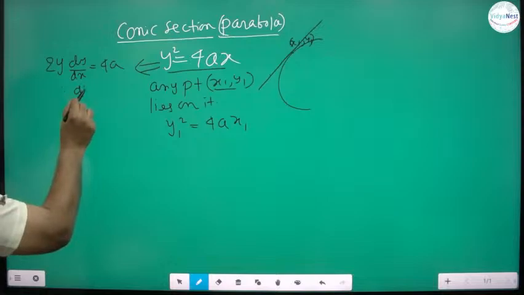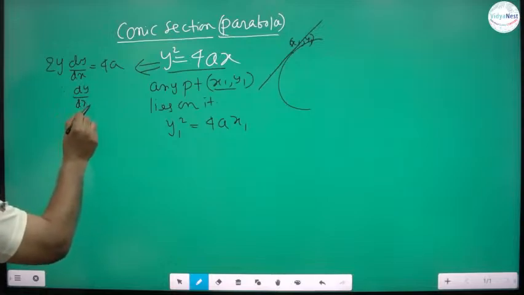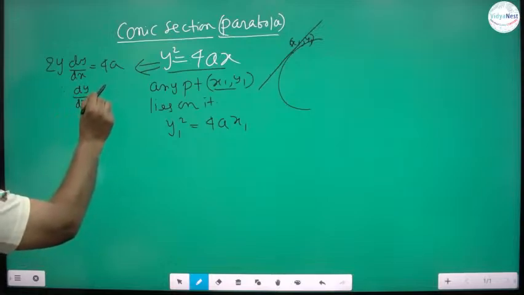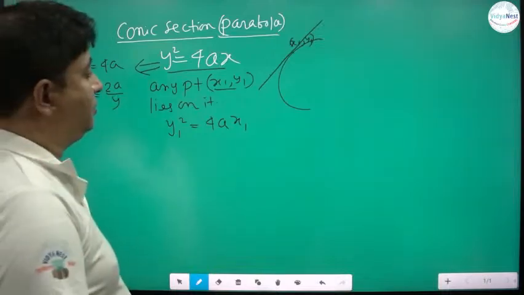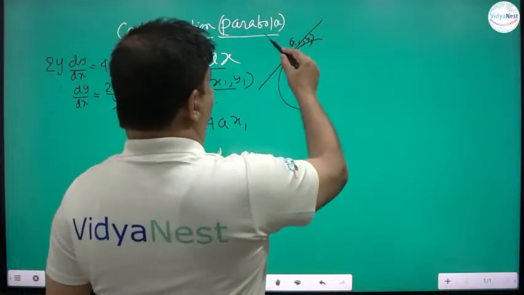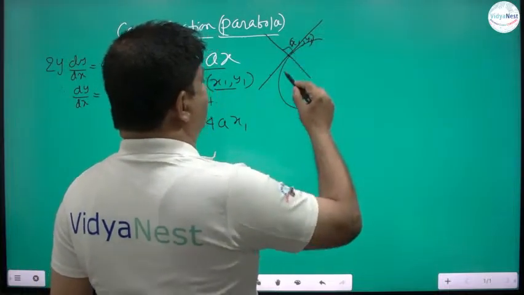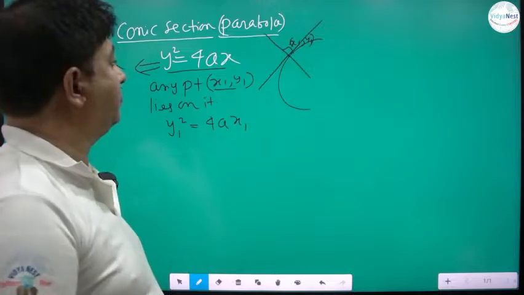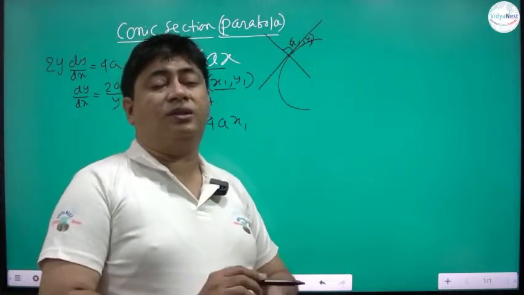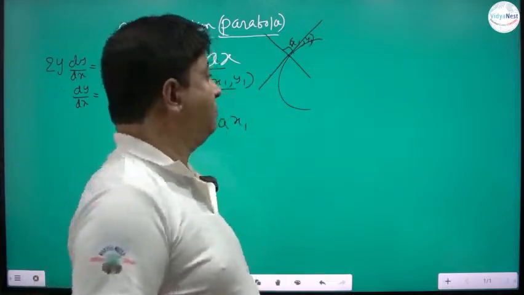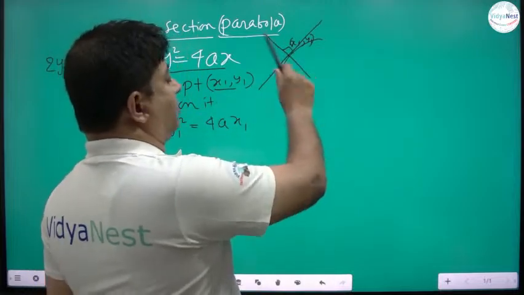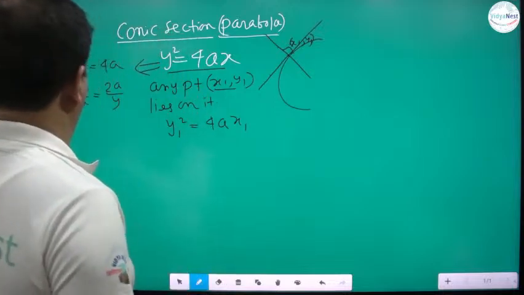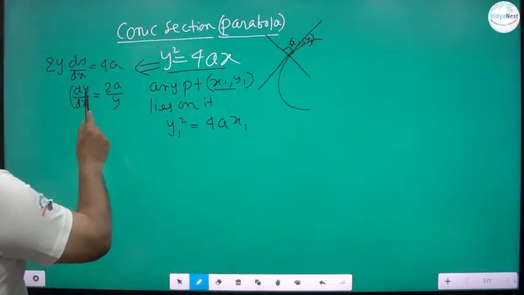Therefore dy/dx is 2a by y. But you observe this is tangent, so any perpendicular on this is normal. So you know in straight lines property that if two lines are perpendicular, then their product of the slope will be -1.